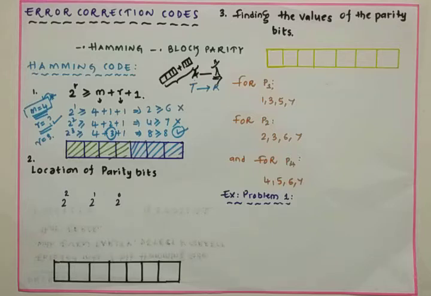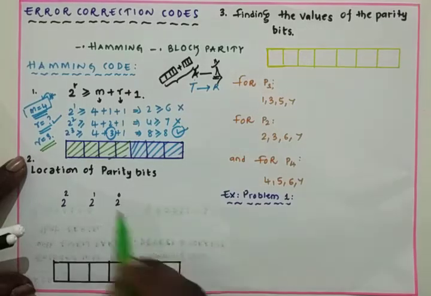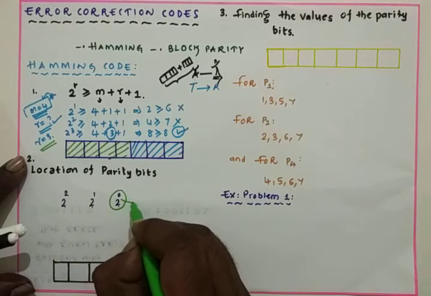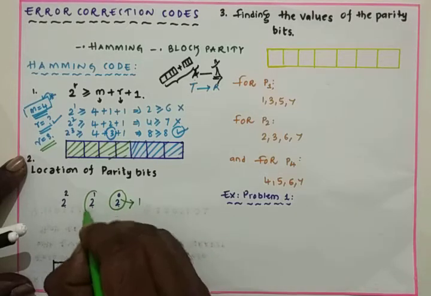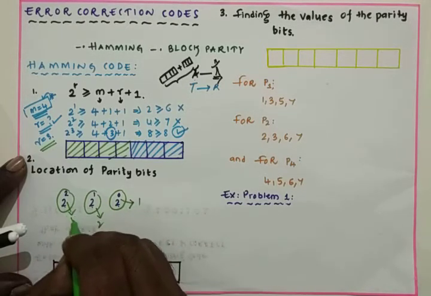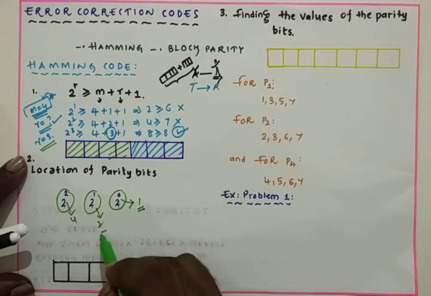The location of the parity bits will be defined by its positional weight. How many parity bits do we have? 3 parity bits, that is 2 power of 0, 2 power of 1, 2 power of 2. 2 power of 0 is 1, 2 power of 1 is 2, 2 power of 2 is 4. That means we have to add the parity bits at positions 1, 2 and 4.